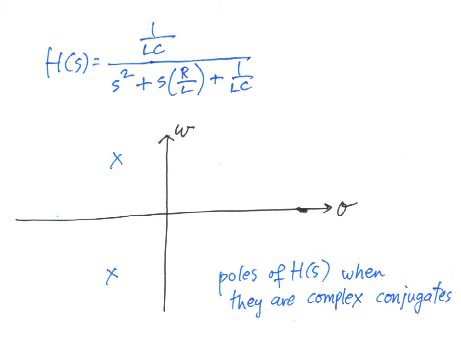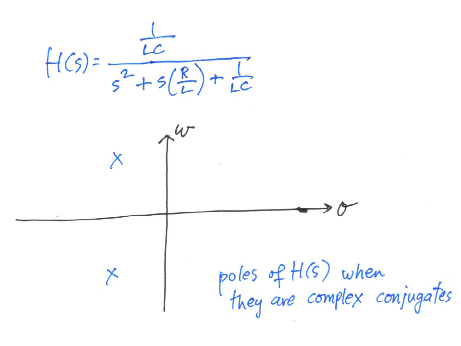That is, values of S in the complex S-plane that cause the denominator to go to 0, which of course makes H of S go to infinity, and therefore these cannot lie within the region of convergence for the Laplace transform of h of t, which is H of S. These typically form a boundary to a region of convergence. The vertical line passing through these complex conjugate poles forms the boundary of the region of convergence.